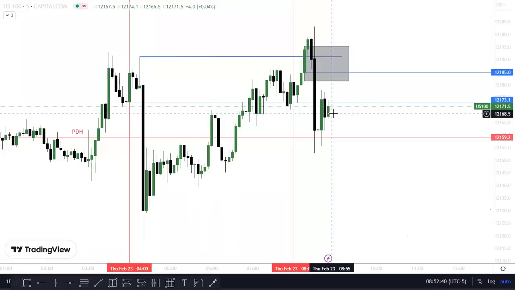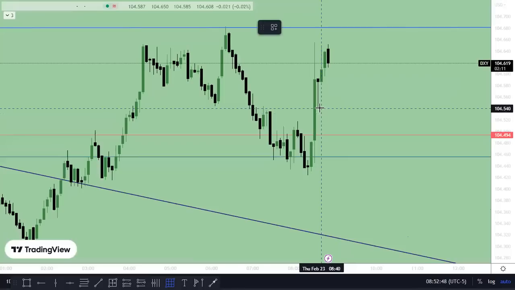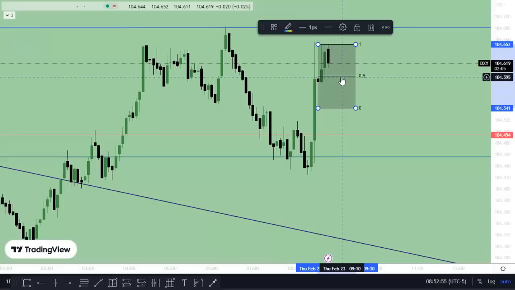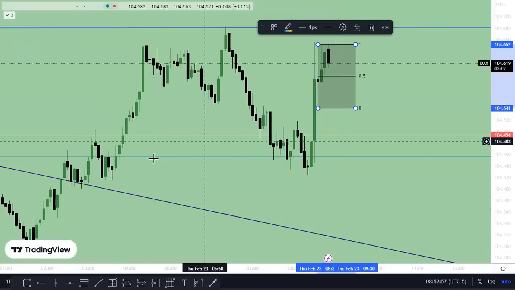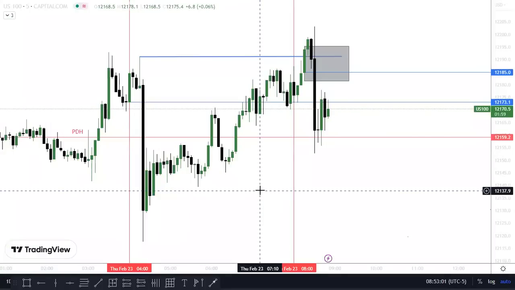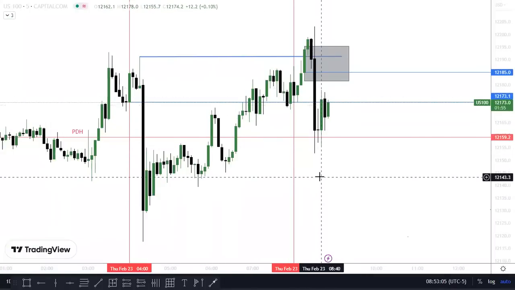The only thing about this setup right now I don't like is because I looked at DXY. DXY is retracing now. Let's see if DXY can wick below here. There's no range to measure on this.